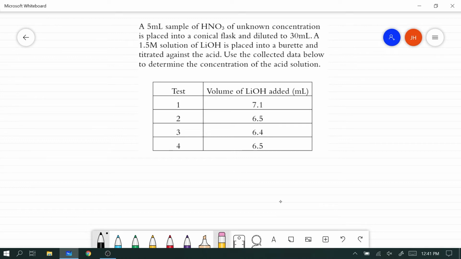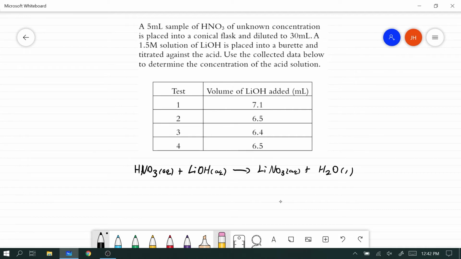First thing that I want to do is just write up the neutralization equation so that we can make the right steps from there. So first off, HNO3, which is aqueous, plus lithium hydroxide, also aqueous, is going to react to form our salt, lithium nitrate, and the hydrogen and the hydroxide are going to react together to form water.